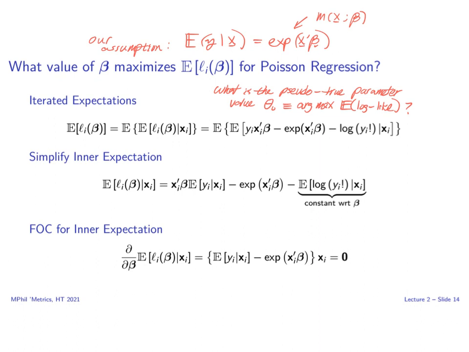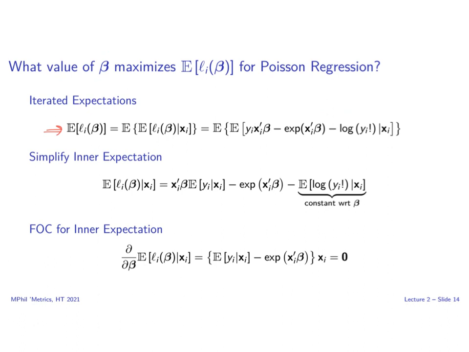First, by iterated expectations, we can write the expected log likelihood as the expectation of the expected log likelihood conditional on x. Let me be very clear here. This conditioning on x is not redundant. You may be saying, but wait, aren't we talking about conditional likelihoods in this video? The answer is yes.